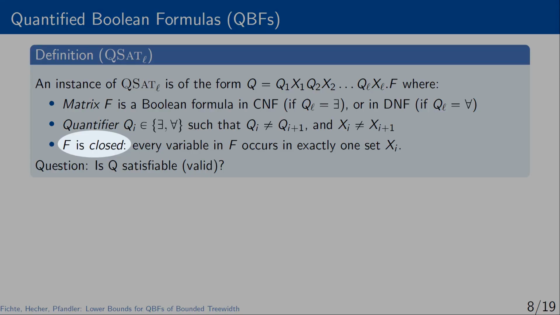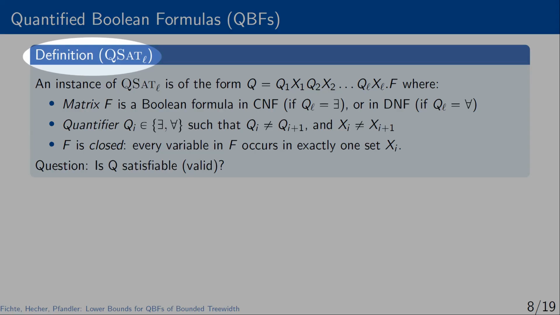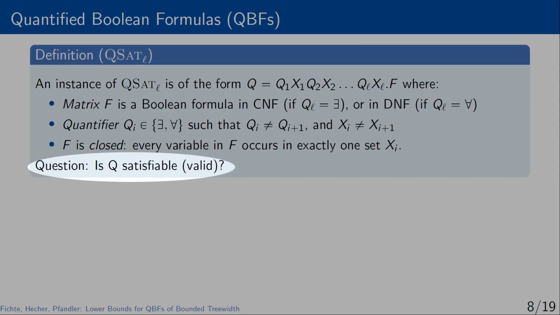Here we assume that F is closed, meaning that every variable of the formula occurs under exactly one quantifier. And we are interested in the problem QZL, which asks for a given QBF, where we have L alternating quantifiers, whether the QBF is valid or satisfiable.